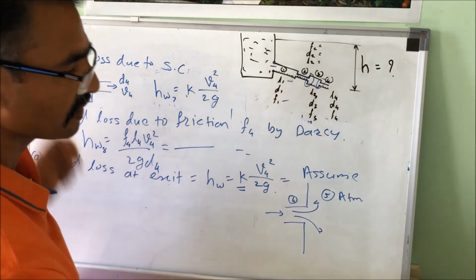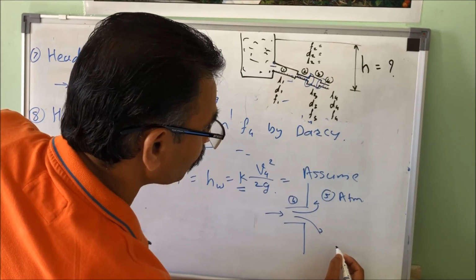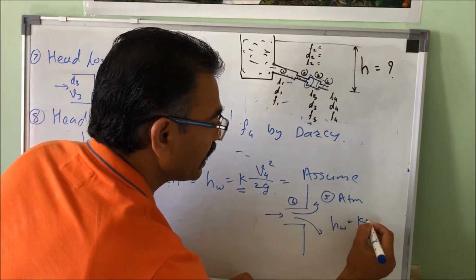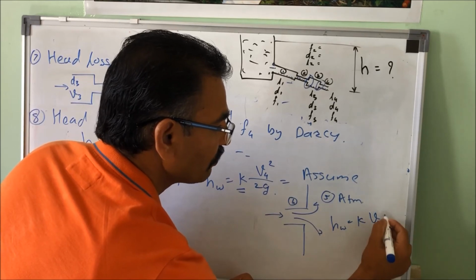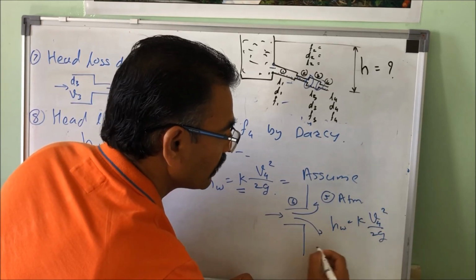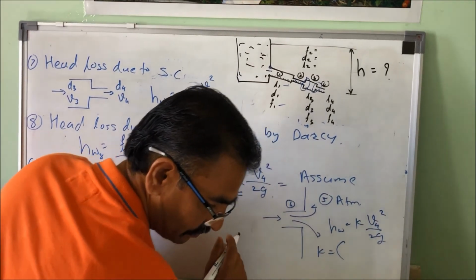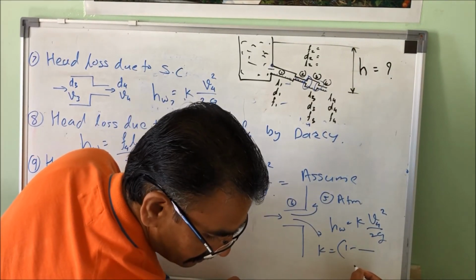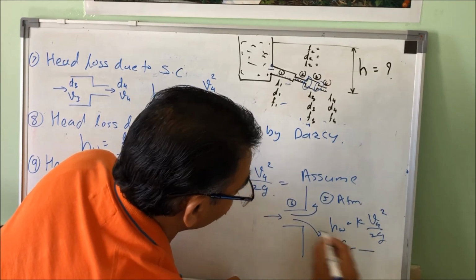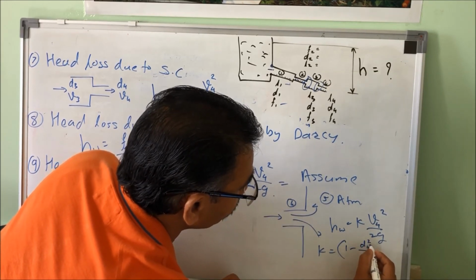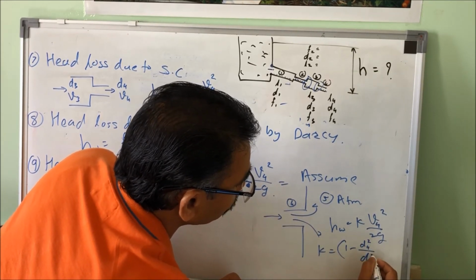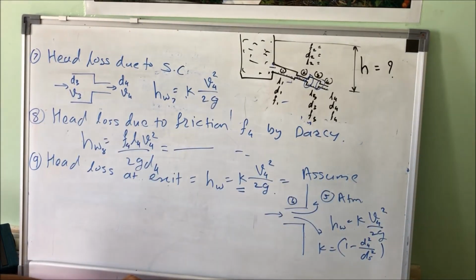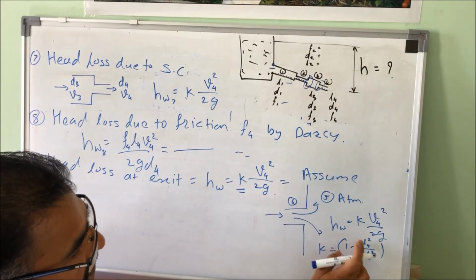What is the formula for sudden enlargement? HW is equal to K, inlet velocity V4 square over 2G. What is K? K is equal to bracket 1 minus inlet diameter, so D4 square over D5 square. This is sudden enlargement, inlet over outlet, so this is a fraction.